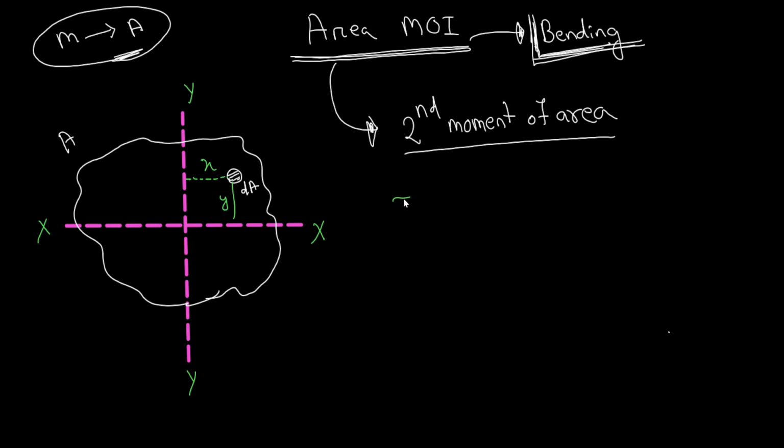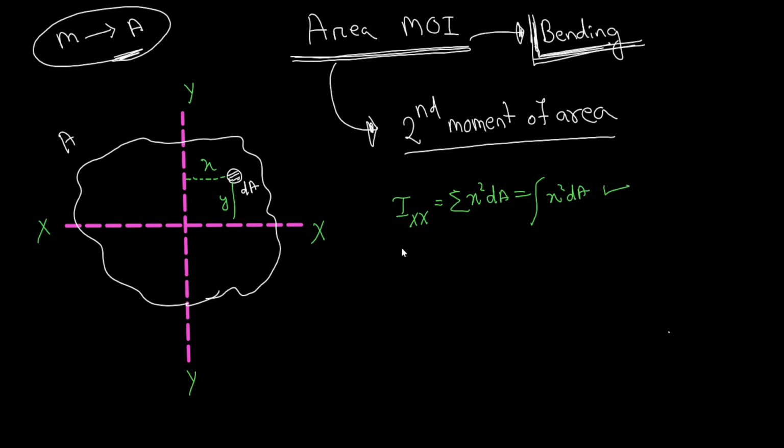If I calculate the area moment of inertia, not mass moment of inertia, of the small area about the axis x, you have to take the moment twice into the small area dA. Once you calculate it for the small area, then you will integrate over the total area.